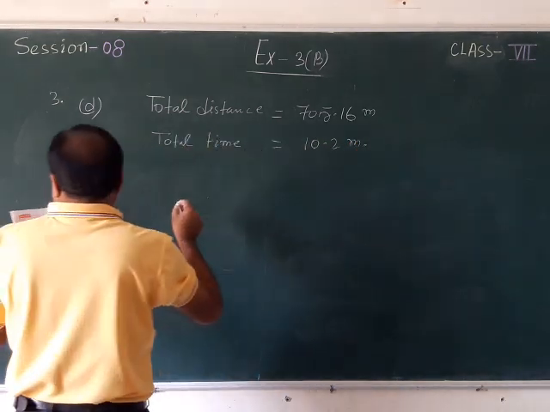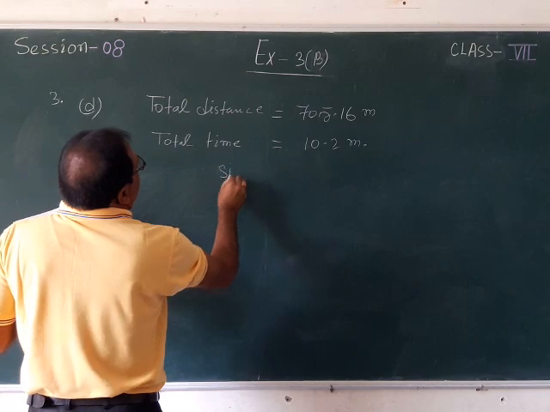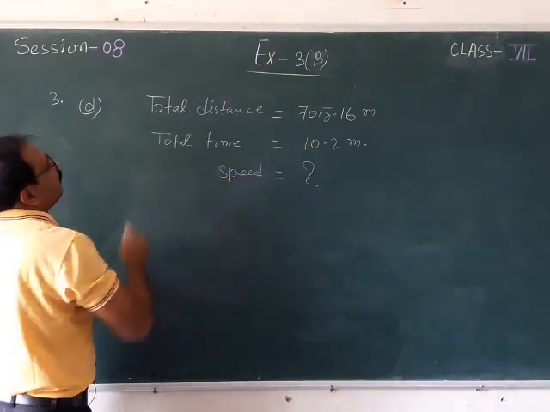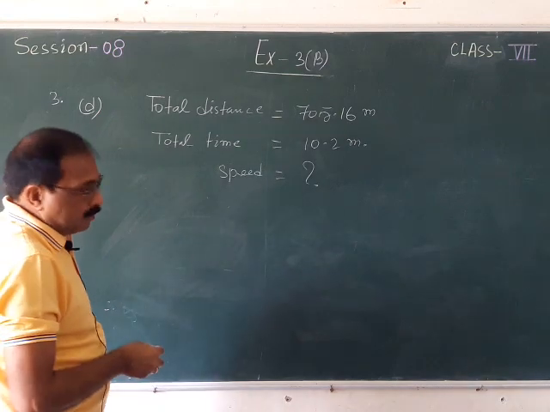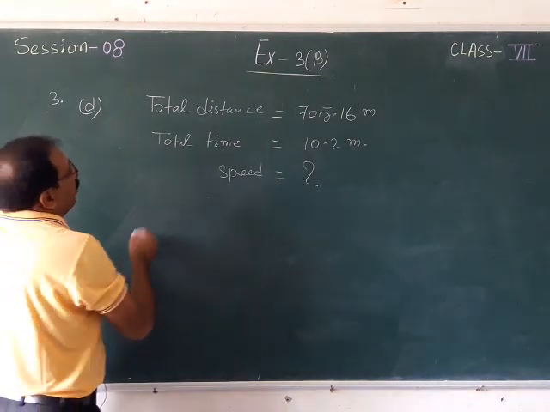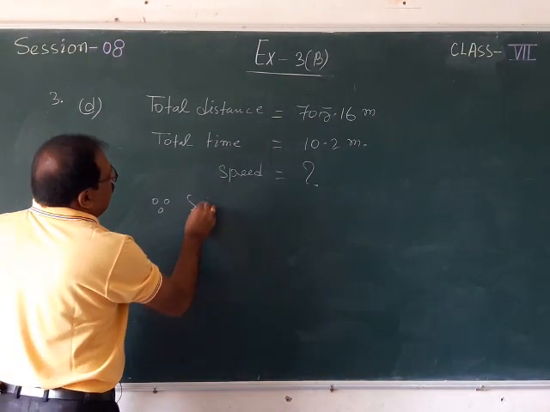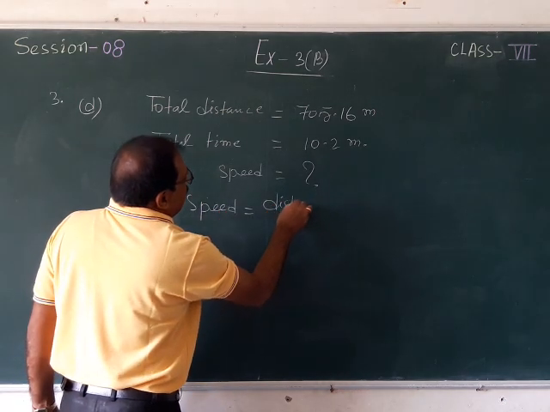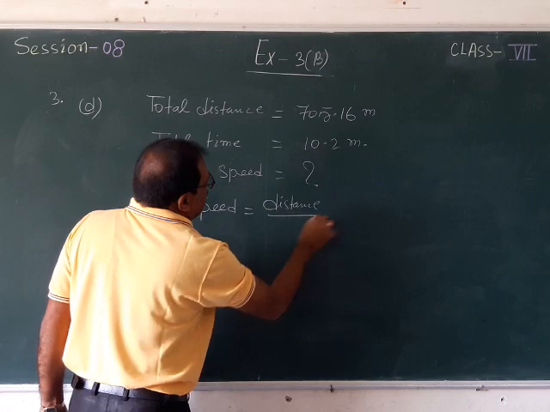You need to find the speed. So you need to find here the speed equal to what? As you know, speed equals distance by time. This is a well known formula.